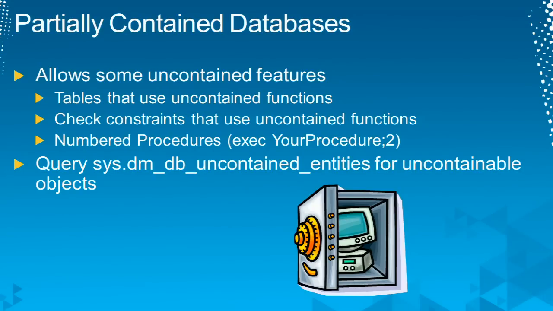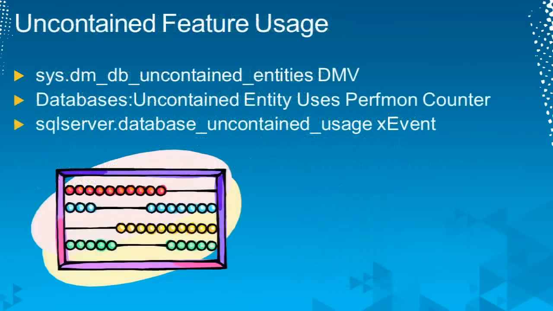We call execute, your proc, semicolon, and then some number. I don't think I've ever seen anybody actually using these. I like the concept. I've never seen anybody use it. So if you're using those, you can do that in an uncontained database, which I think is weird because that's been deprecated. Again, you can check sys.dm_db_uncontained_entities for any uncontained objects that have been created within your system.